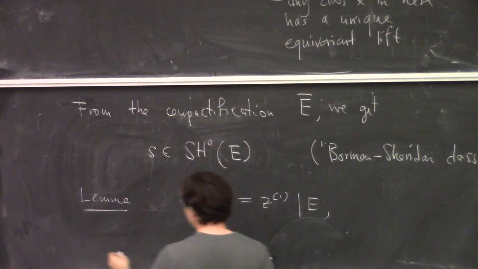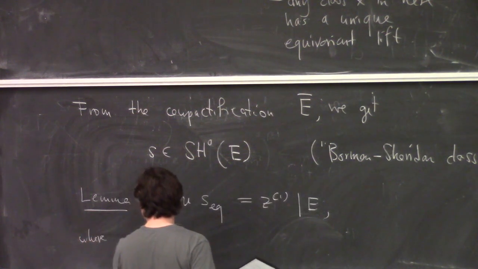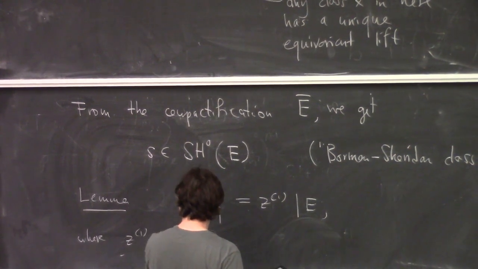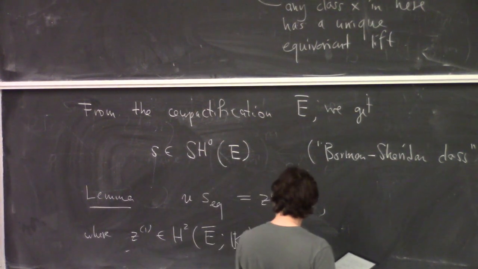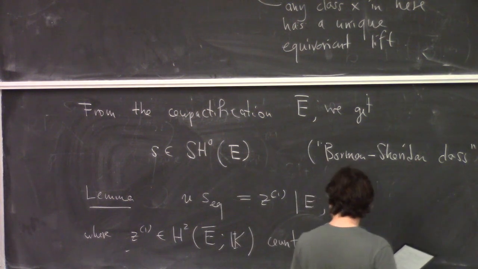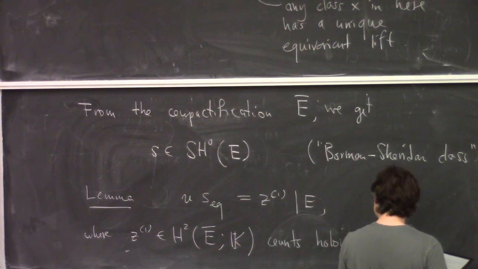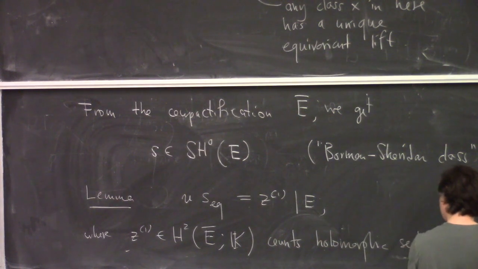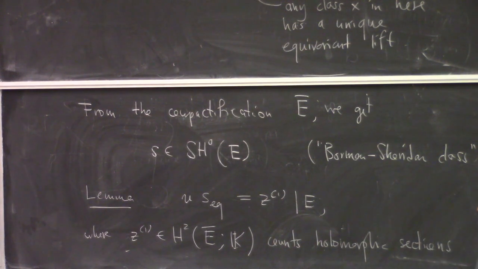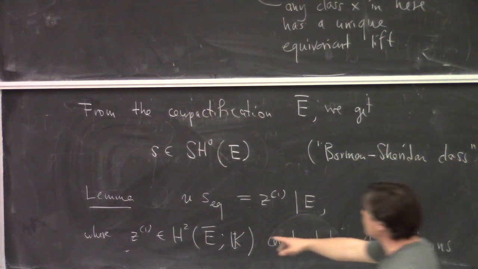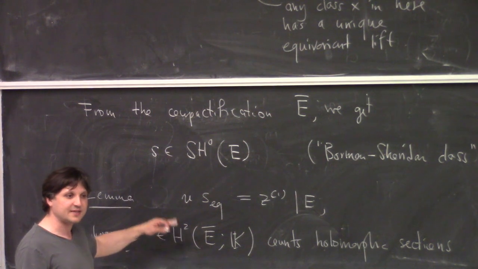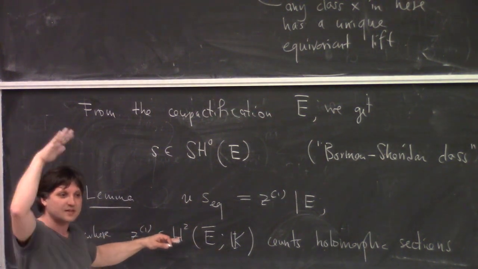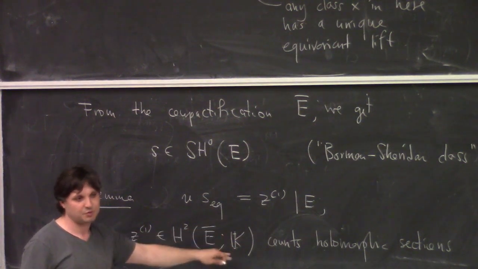Where Z1, so this is a class in the compactification, counts... So there's a class, so in this case here, because of the fact about the first Chern class, if you look at the pseudo-holomorphic sections in any class, they span a codimension 2 cycle, and this is the class of that cycle, and you add up over all classes.